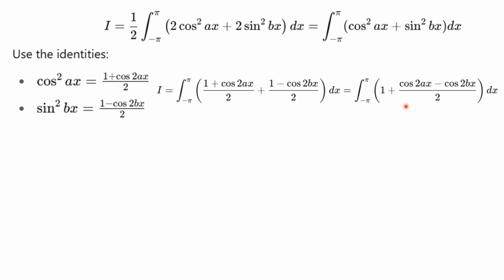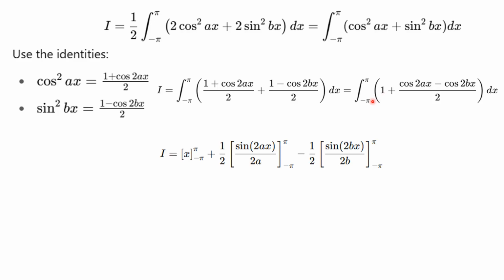Let us proceed by integrating term by term. Integral 1 dx between minus pi to pi is x between minus pi to pi, and we have 1 by 2 outside here, and integral cos 2ax is sin 2ax divided by 2a between minus pi to pi, and minus cos 2bx we have, so we have minus 1 by 2 here, and integral cos 2bx is sin 2bx by 2b between minus pi to pi.